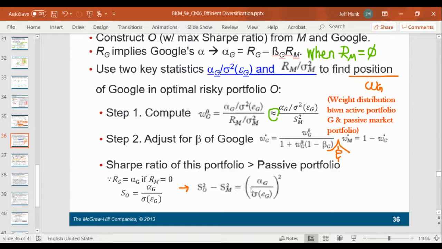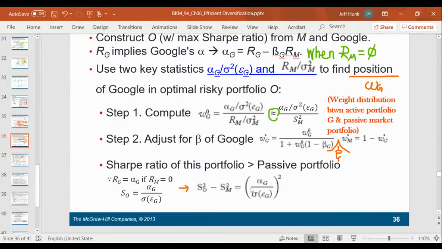This is the price of risk, in other words, the ratio between the Sharpe ratio of Google and the Sharpe ratio of the market portfolio. And think about it.